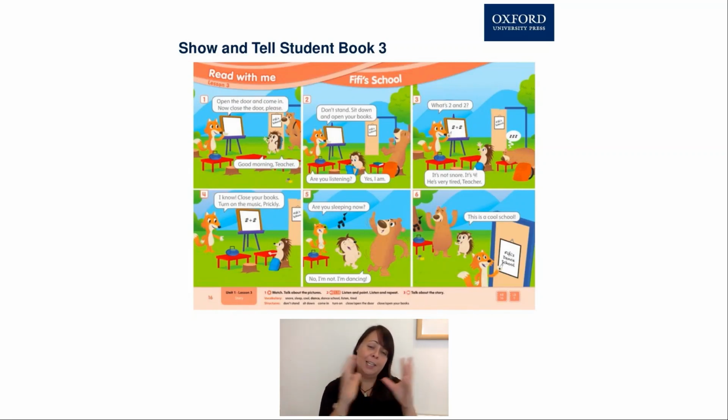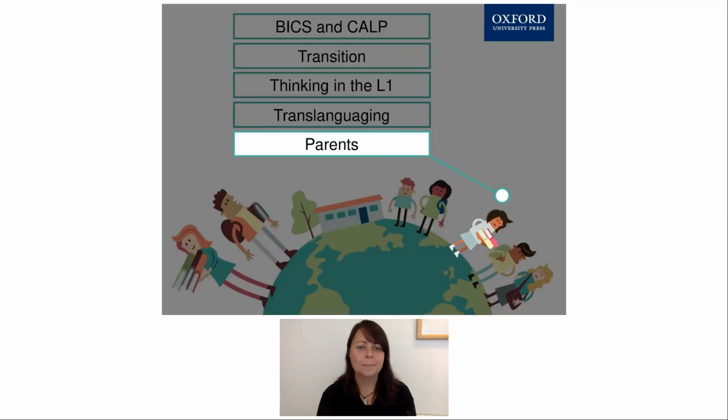Show and Tell also finishes every unit with this very sweet story, which again is supported with visuals and audio. So there's no reason very young learners, the levels who are using Show and Tell, could not also reenact their stories. And I think young learners would particularly like this.